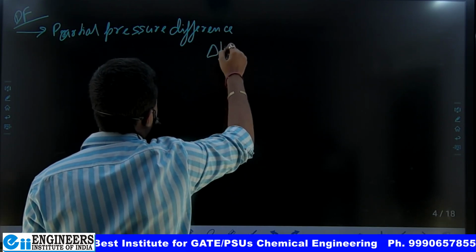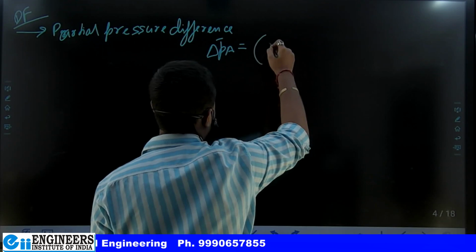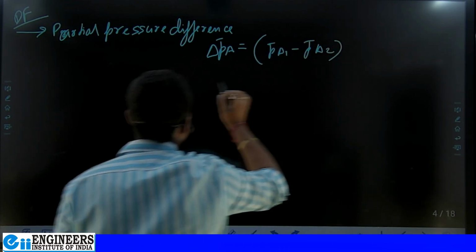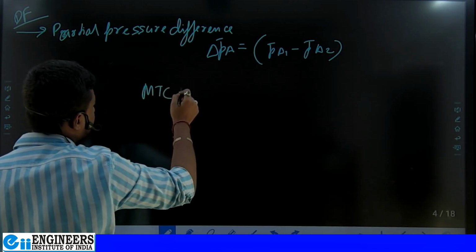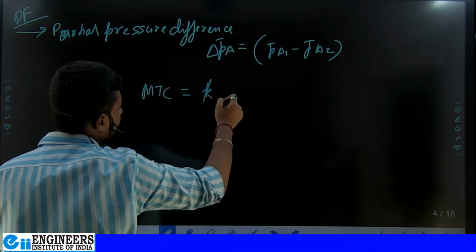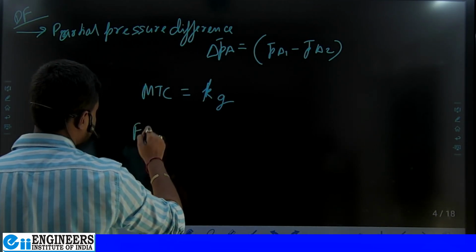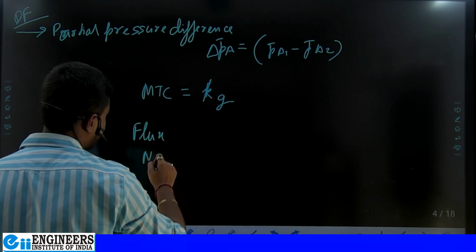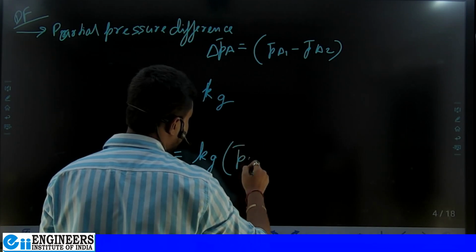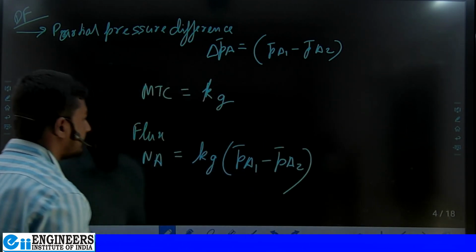That is delta Pa. If your driving force is delta Pa, that is partial pressure difference, that is Pa bar 1 minus Pa bar 2, in that case your mass transfer coefficient we denote by Kg, and our flux Na is equal to Kg into Pa bar 1 minus Pa2, like this.